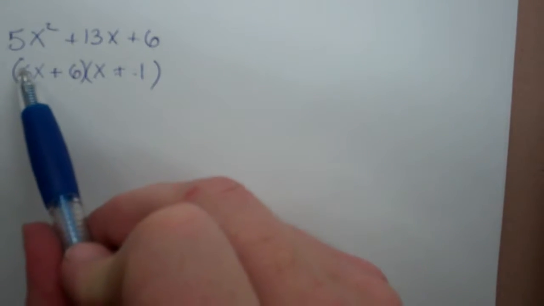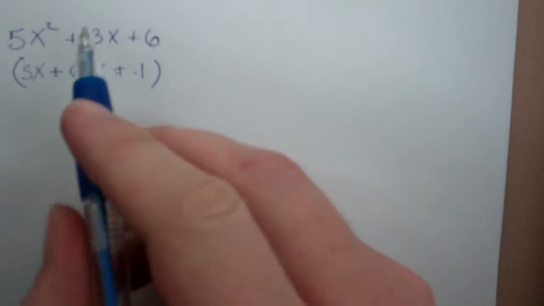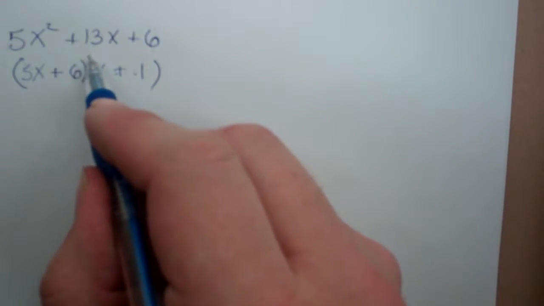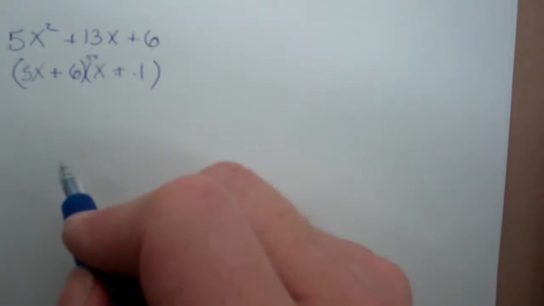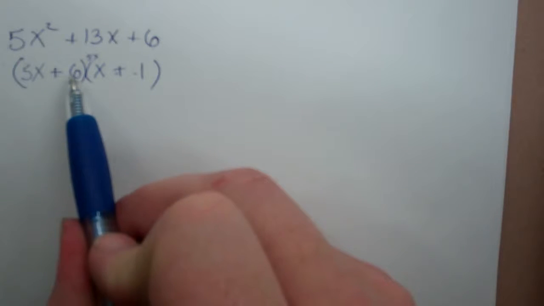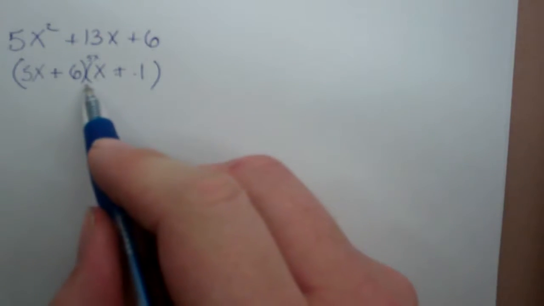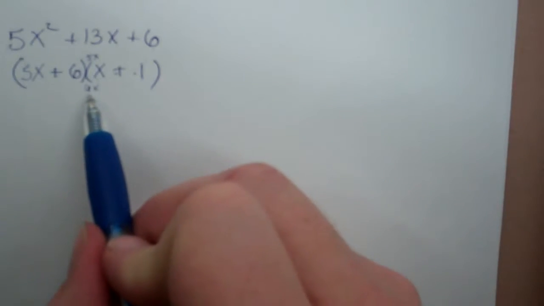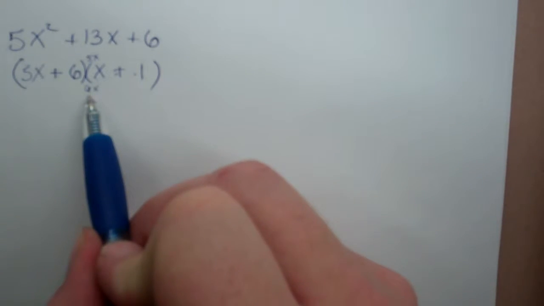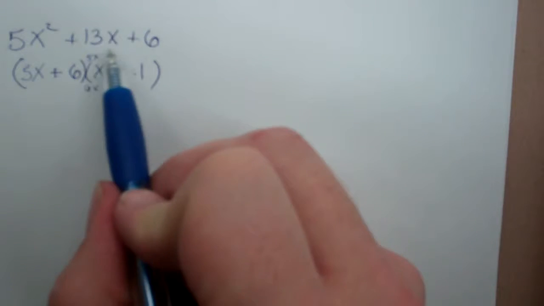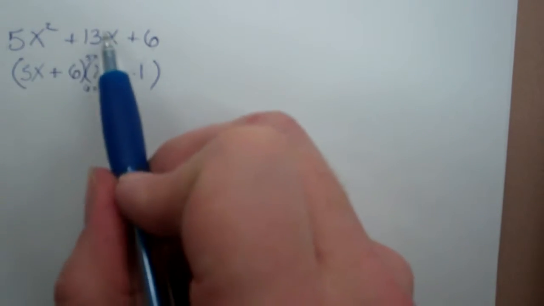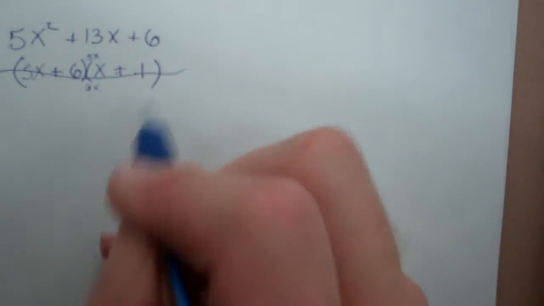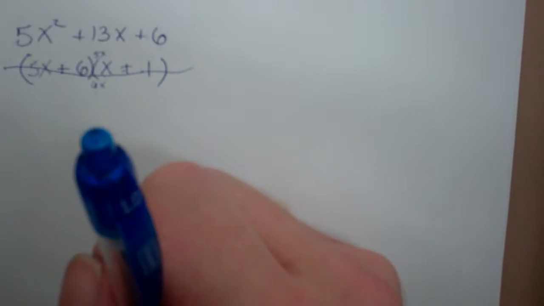Let's check. 5x times 1 would give a 5x, and 6 times x would give a 6x. 5x plus 6x is 11x. 11x, it does not give us the 13x that we want, and so this is not the way we factor it.